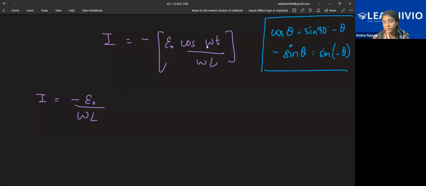This is cos theta. If you look at it as cos omega t, basically your omega t is theta.